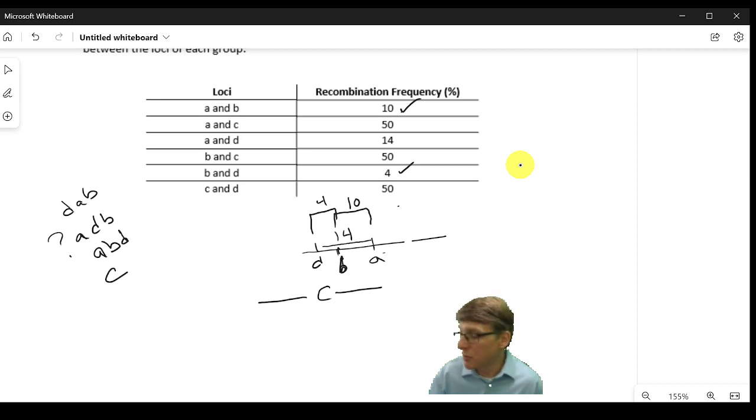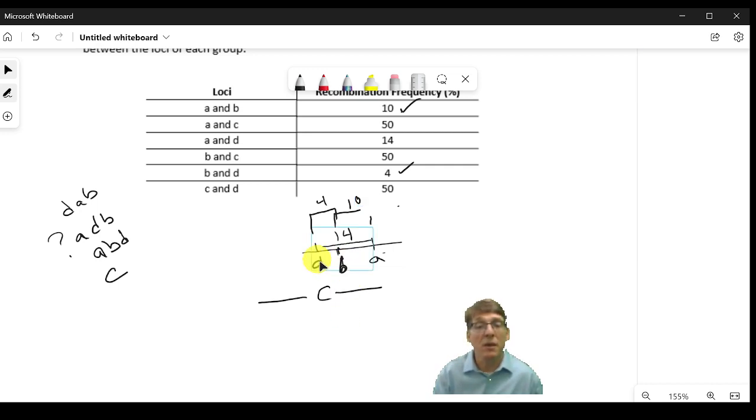So our linkage group looks like this: the gene order is D, B, A, with gene A being 14 centimorgans from gene D. Gene A is 10 centimorgans from gene B, and B and D are 4 centimorgans apart.